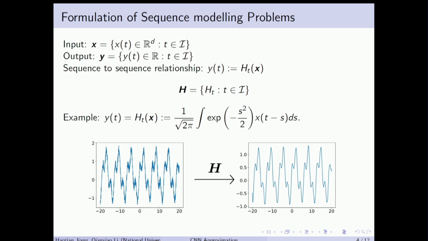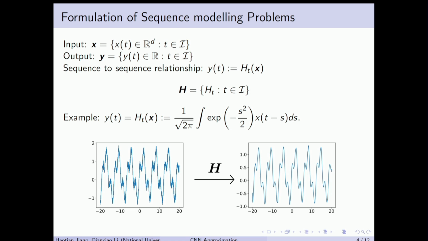So here H_t(x), the H_t here is a functional, and in order to consider the sequence to sequence relationship for the entire time index, we just need to consider a sequence of functionals. So this is our definition of the sequence to sequence relationships.